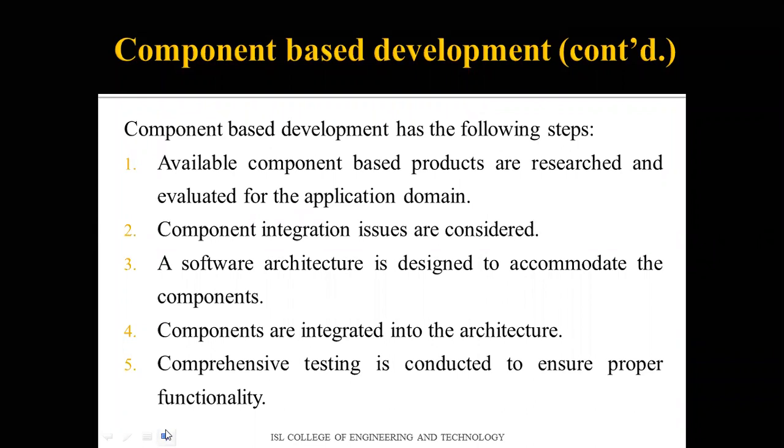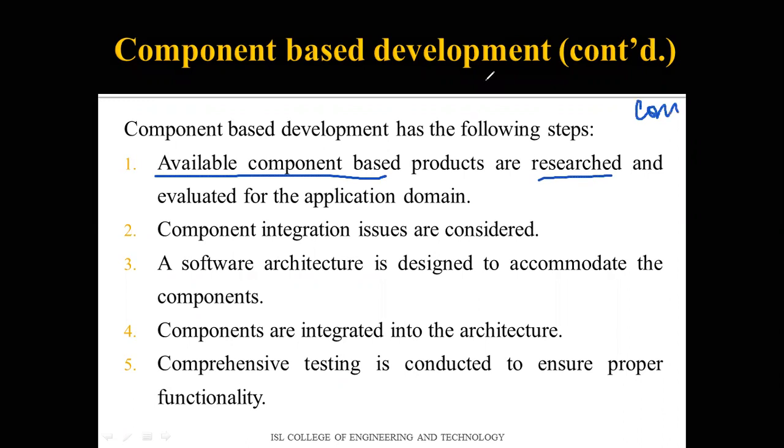The next slide focuses on the different steps that need to be followed for developing a component-based development model. Now, in this component-based development model, the first step is you're going to focus on the available component-based products that are there within the market. You're going to research them.